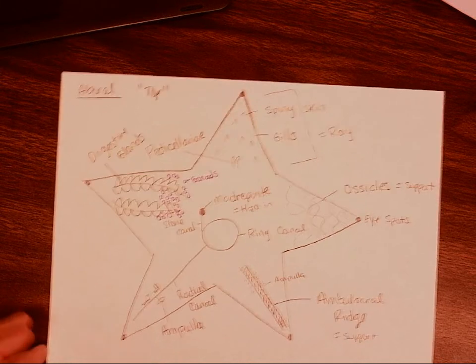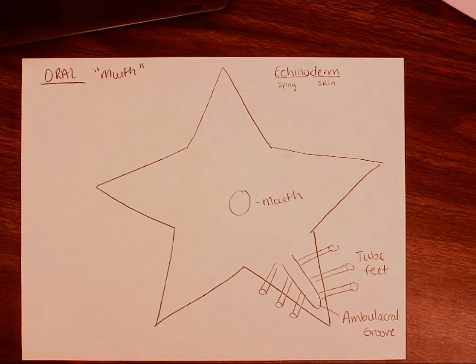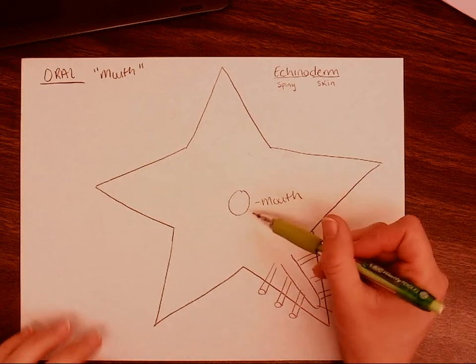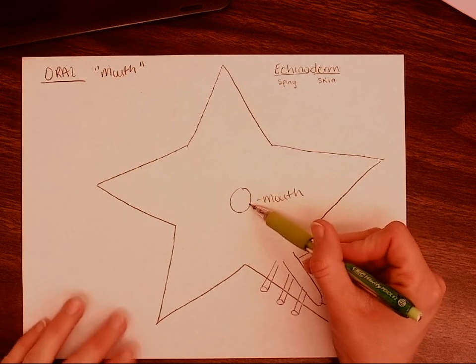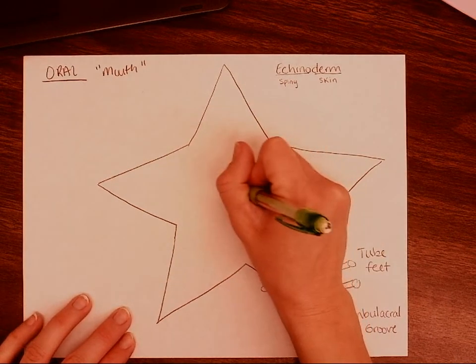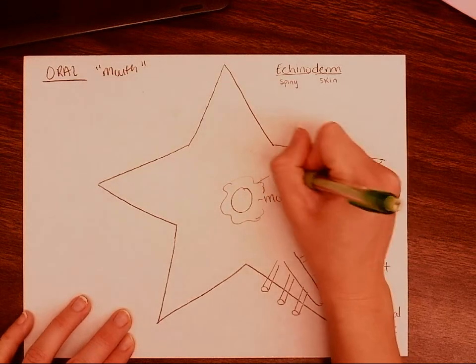Alright, we're going to flip over, because we're getting pretty busy here, to our oral side, and we can draw a couple more things that go along with our digestive glands here. We won't see it from this view, but we can kind of follow our digestive track back from the mouth. So our mouth is going to be connected to a stomach, so we're going to have this stomach behind it.